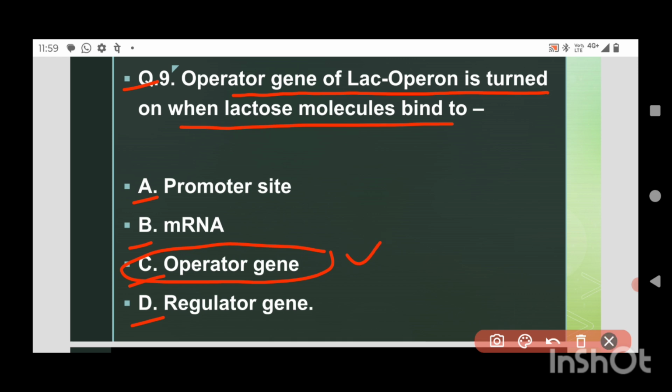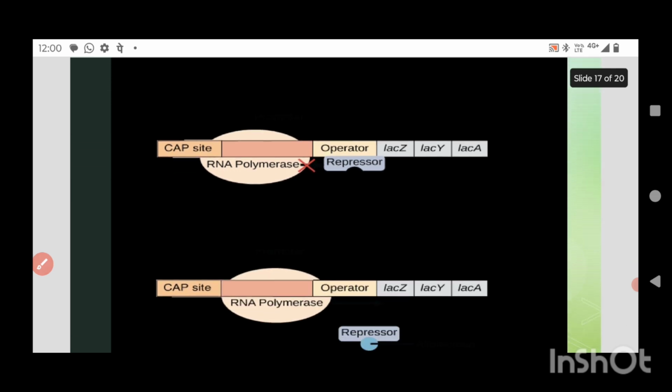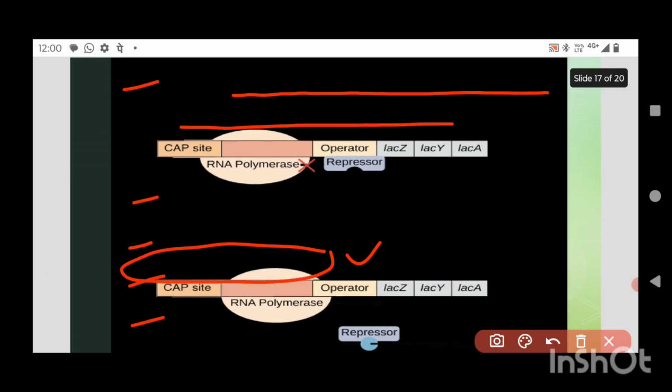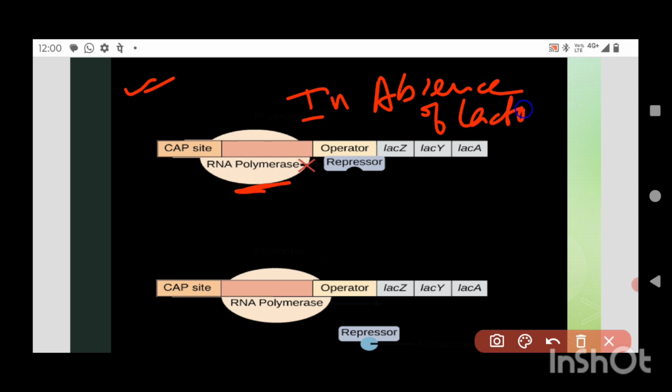Now we are going to the explanation part. Here we clearly see RNA polymerase, and the first picture is in absence of lactose.